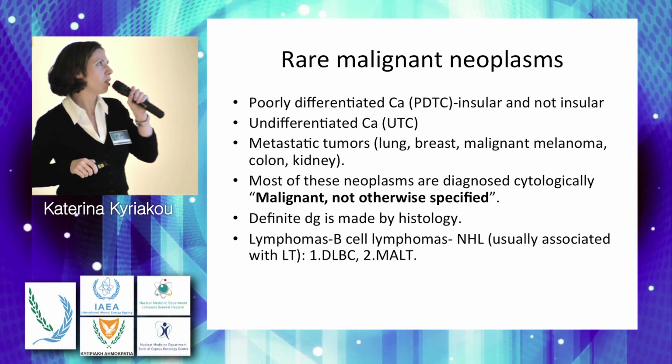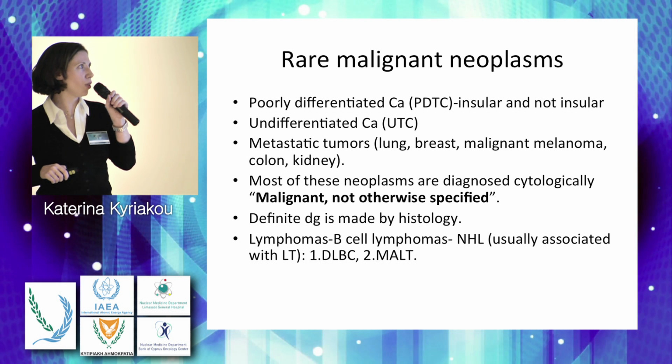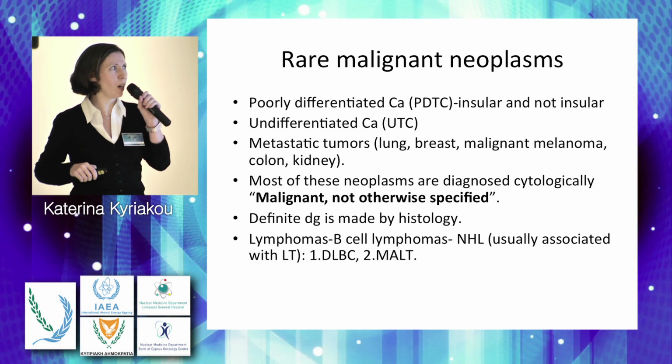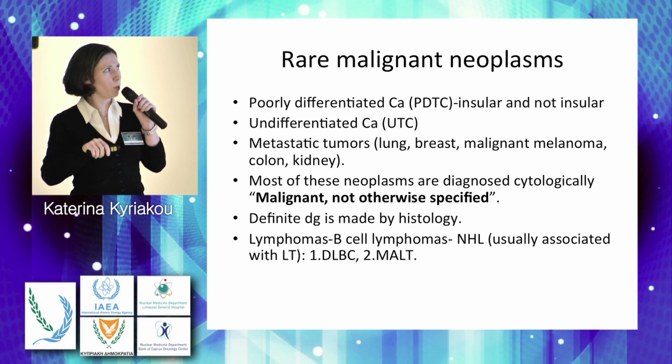A few words about the rare malignant neoplasms, the poorly differentiated carcinoma and metastatic tumors, for example from the lung and breast, which are very rare. Most of these neoplasms we call malignant, not otherwise specified. We cannot distinguish between these.